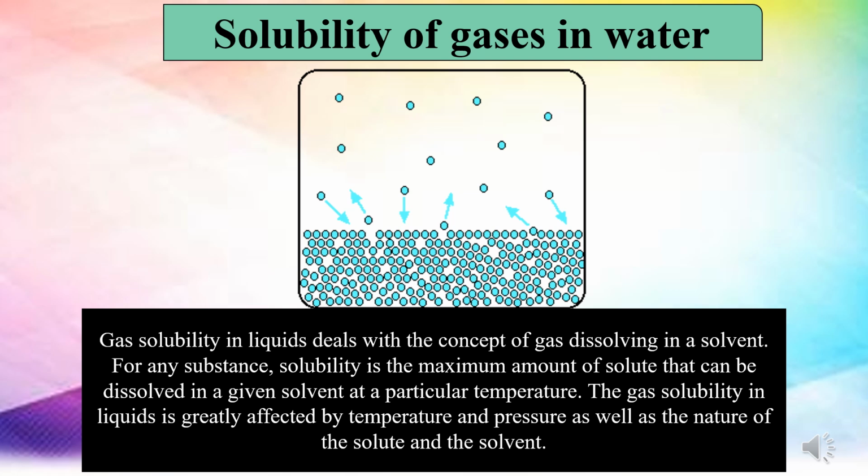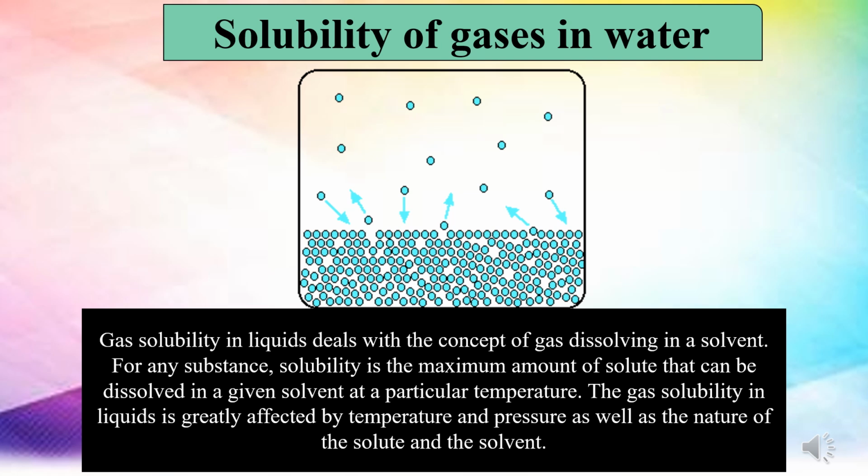Now suppose we increase the pressure of the system by compressing the gas molecules present in the solution. As a result of an increase in pressure, the gaseous molecules will now be concentrated in a smaller volume. This will result in an increase in the number of gas molecules per unit volume available above the solution.